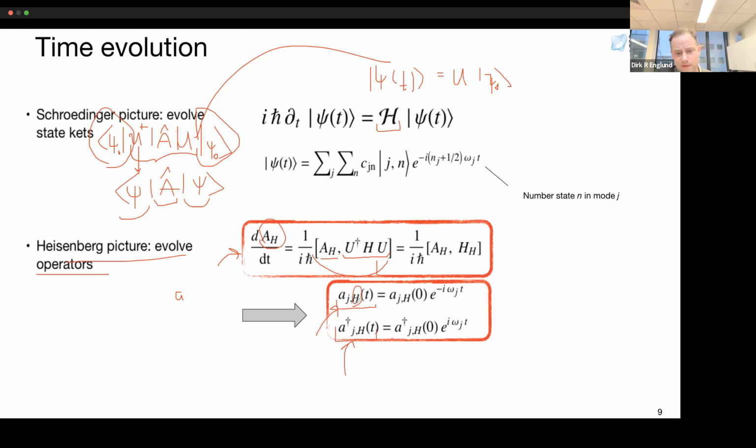So we add an additional subscript here to indicate that we're talking about the Heisenberg picture. And that's equal to the original raising and lowering operators at time equals 0, respectively multiplied by these phase evolution terms.